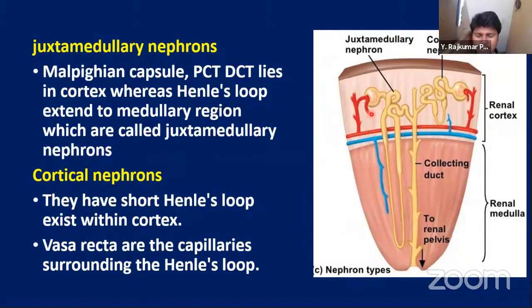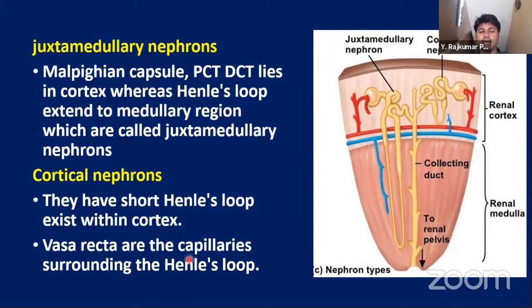Here in the diagram on the slide, I'm pointing it. This nephron, which has a long loop of Henle extending to the medullary region, is called a juxtamedullary nephron. Next one is cortical nephrons. They have a short Henle's loop existing within the cortex.